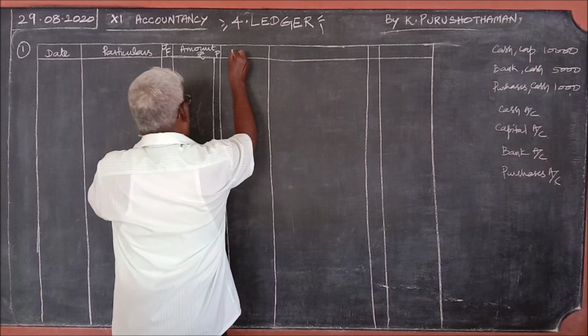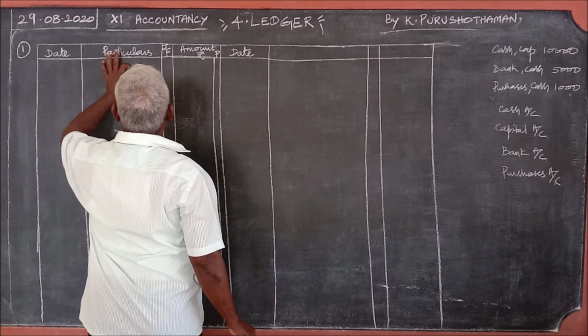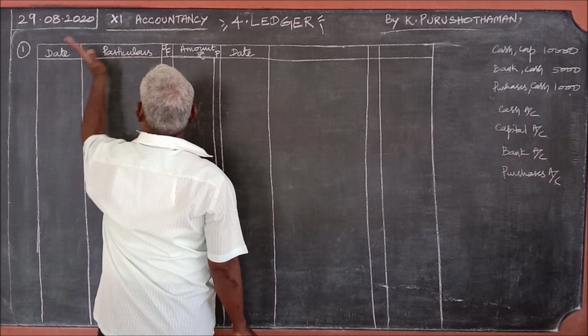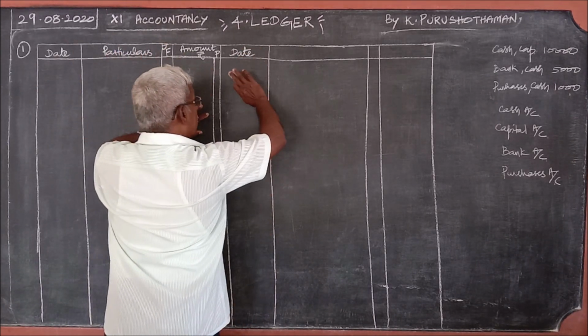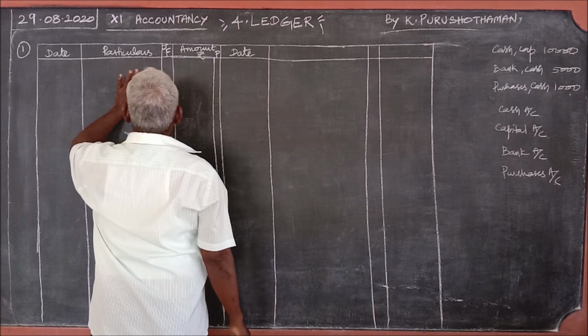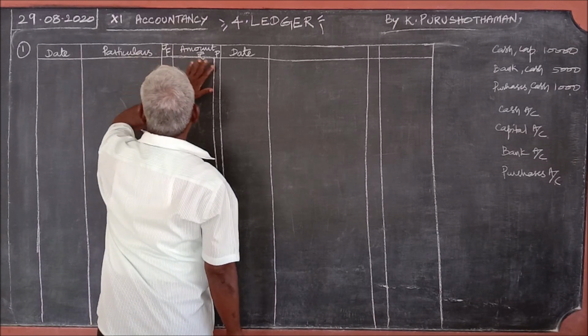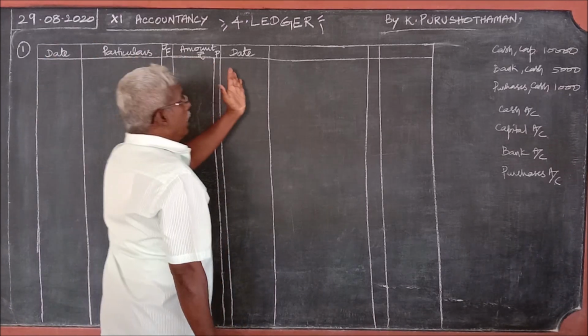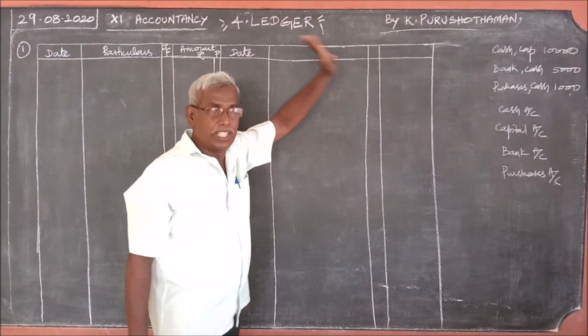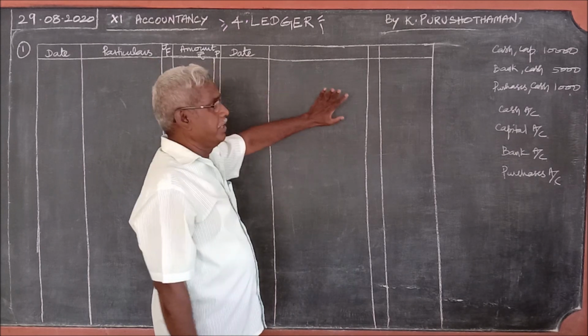Then date, particulars, journal folio, JF, amount. 4 columns on the left hand side and the same 4 columns on the right hand side. In terms of accountancy, we should say 4 columns on the debit side and 4 columns on the credit side. Generally, in common language, we say left hand side and right hand side.